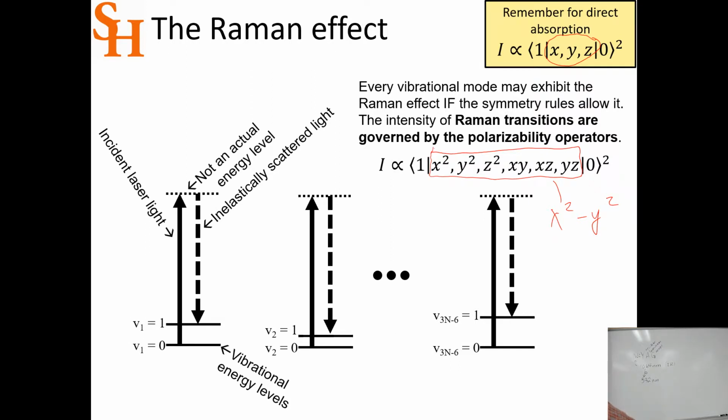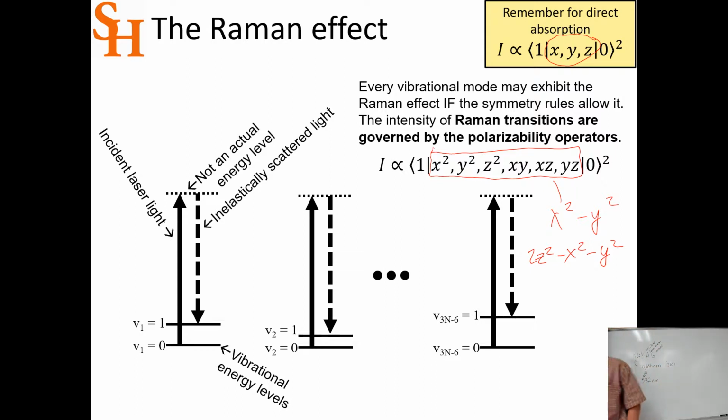Sometimes you see X squared plus Y squared. Sometimes you see 2Z squared minus X squared minus Y squared. So that's another combination that you might see. But all of those we would use in the Raman selection rules. So anytime you have a second order X or Y, then you have that. And get those from the character table?